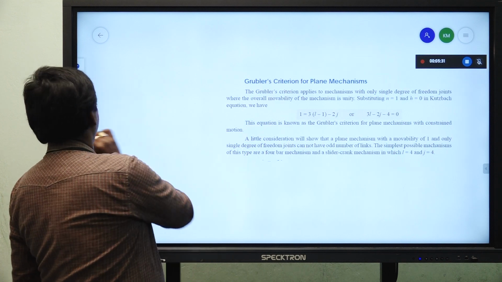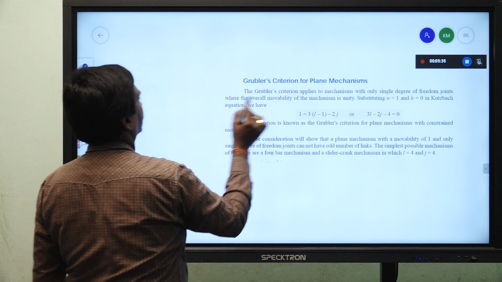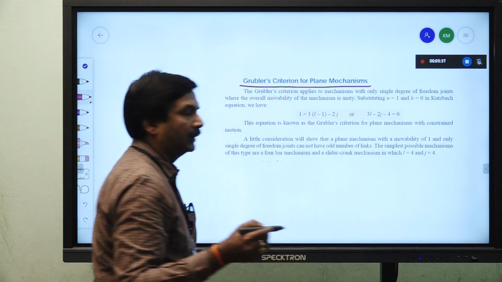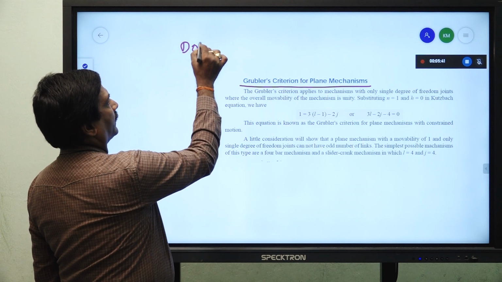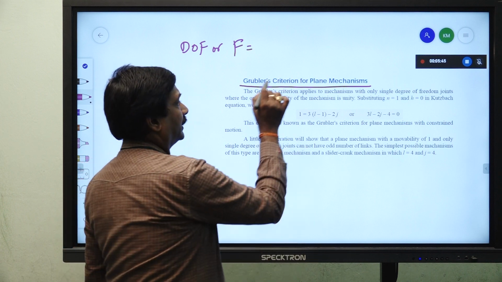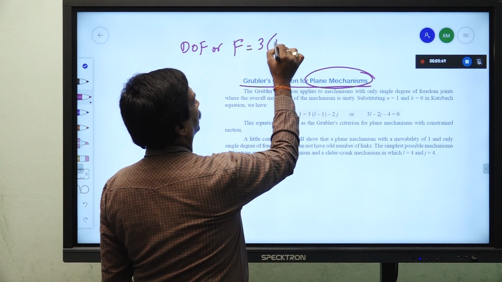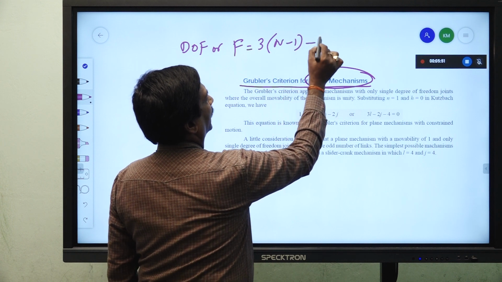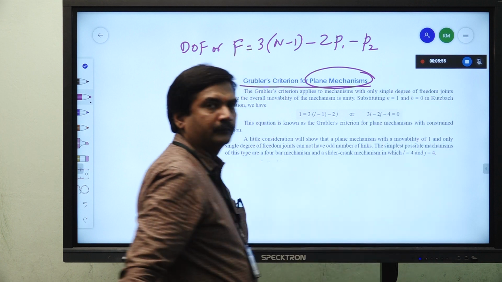Now we will discuss Grübler's criterion for plane mechanisms. Earlier we know the degree of freedom F, for plane mechanisms, the general equation is F = 3(n - 1) - 2p1 - p2.